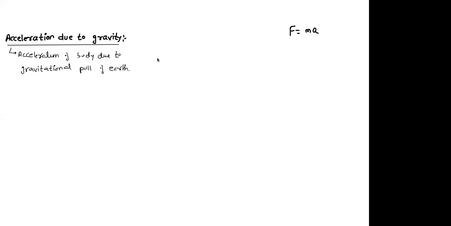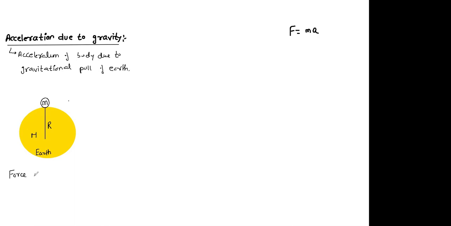So if I placed a body, let's say this is Earth. The radius of Earth is capital R. I placed a body of mass small m on the surface of Earth, and the mass of Earth is capital M.